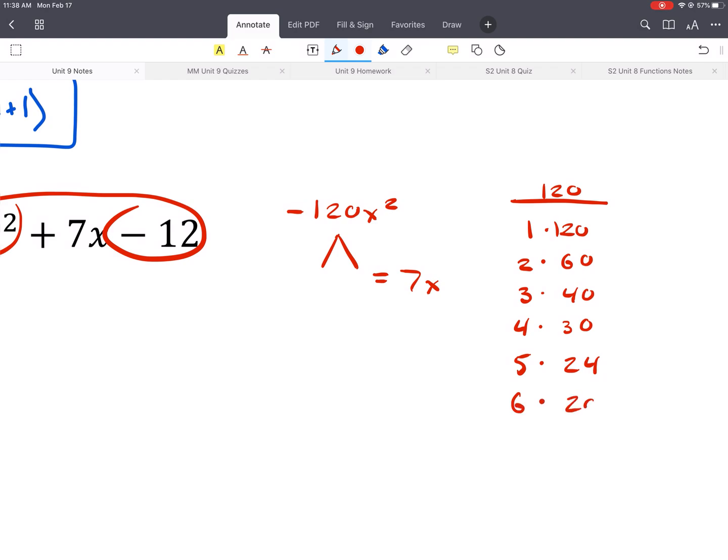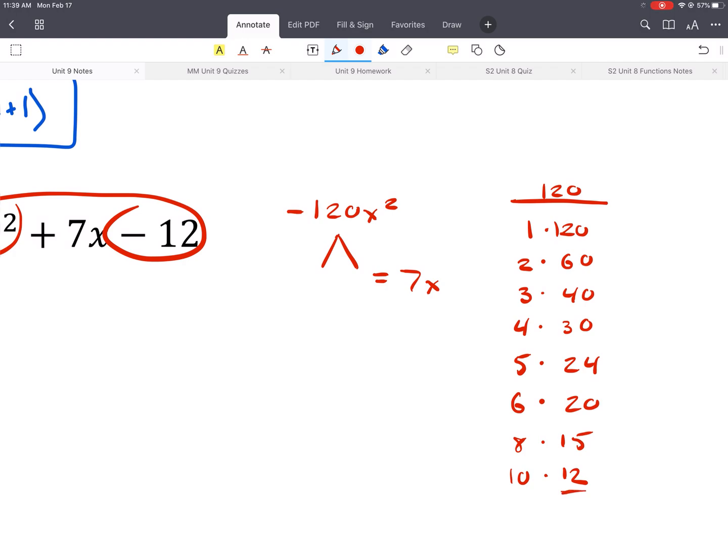I think that gives you 20. 7, we could try 120 divided by 7, but that gives you a decimal, so maybe we'll try 8. 8 and 15. Could try 9. If you figure out the answer, then you don't need to continue going, but I just thought we'd go all the way. So then we get 10 and 12, and 11 doesn't go in, and then 12 is already on here, so we don't need to go any further.